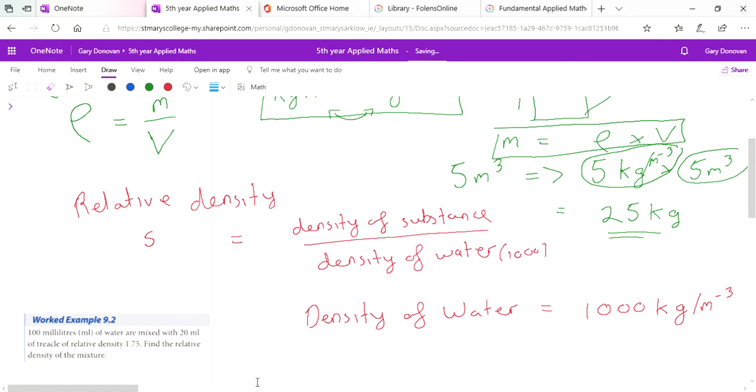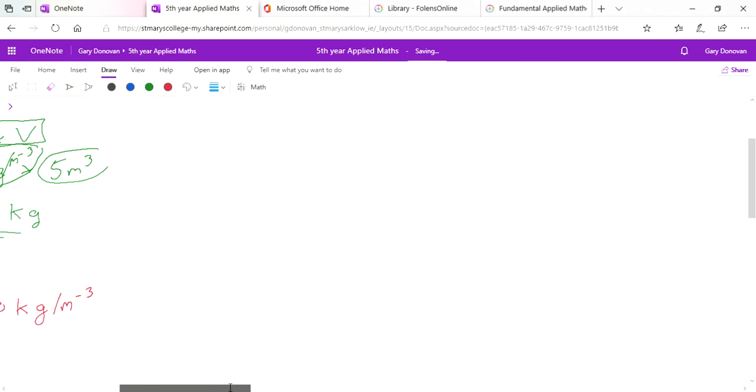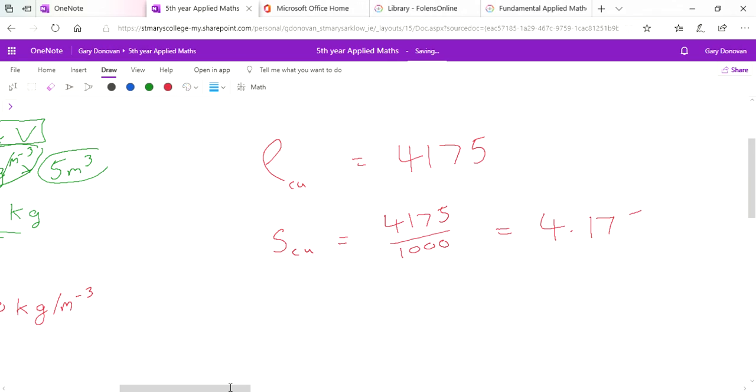An example would be, and you don't really even need to know the equation, if let's say the density of copper is, obviously not 1175, it's going to be bigger, 4175. The relative density of copper would be this number divided by 1000, so it would be 4.175.